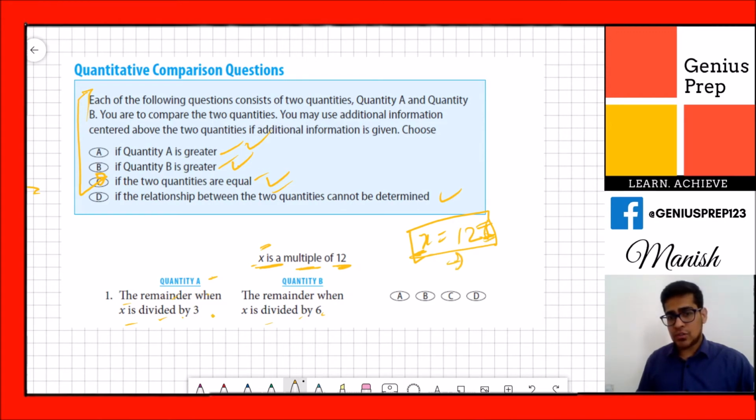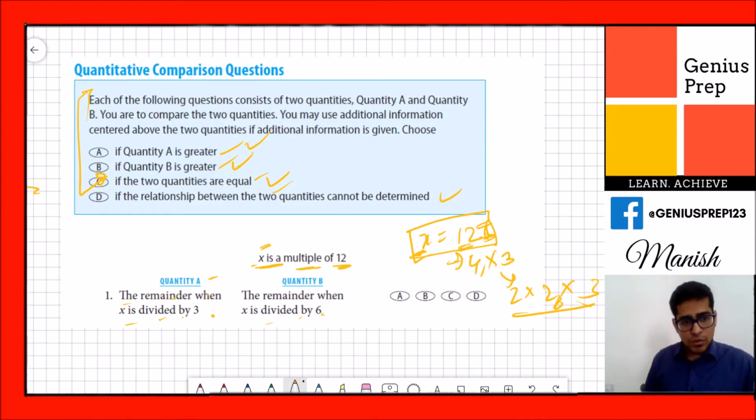If you factorize 12, it will be 4 times 3, or you can say 2 times 2 times 3. So what is quantity A? The remainder when x is divided by 3.